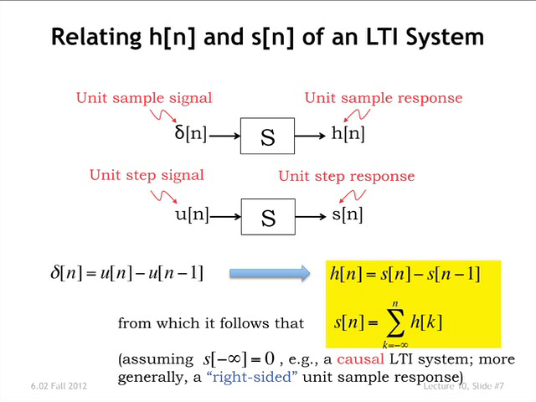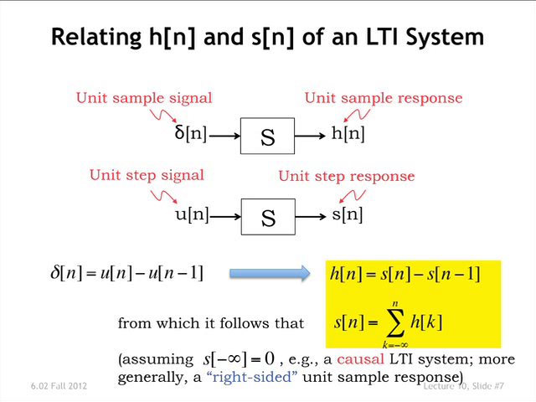And when you come to integrate, in discrete time, what you do is summation instead of integration. You need to assume an initial condition of some kind. And so it turns out if you assume that way back in the past, the value of the step response was 0, then you can go from this description to a description the other way, relating the step response to the unit sample response.